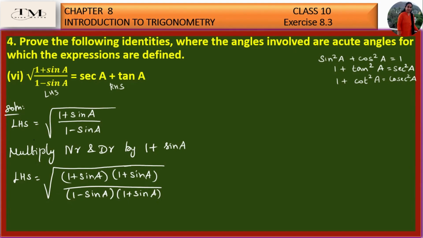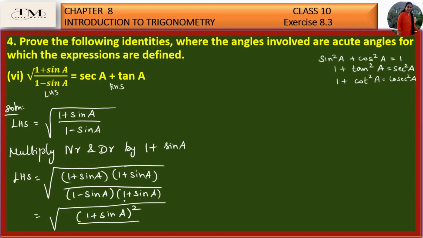Now we have done it on numerator and denominator. In the numerator, we have 1 plus sin A and here also 1 plus sin A, so it can be written as 1 plus sin A whole square. Don't multiply this, because we have a square root. If you write 1 plus sin A whole square, the power 2 and square root get cancelled, so there is no need to multiply these two terms.